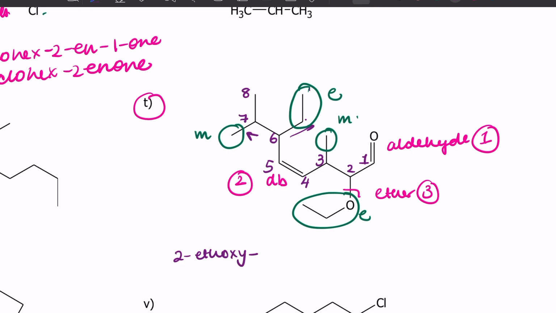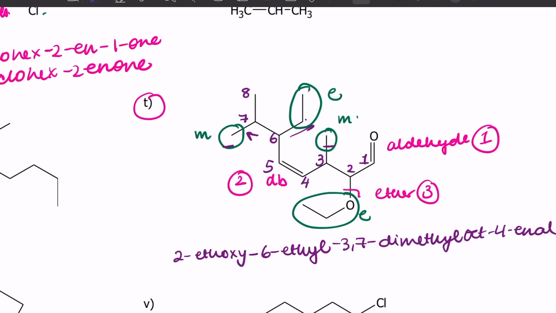So the name becomes 2-ethoxy, 6-ethyl, and then 3,7-dimethyl. Either we can say 4-octenal or oct-4-enal. We don't need to say 4-en-1-al, but I will not take away marks if you did.